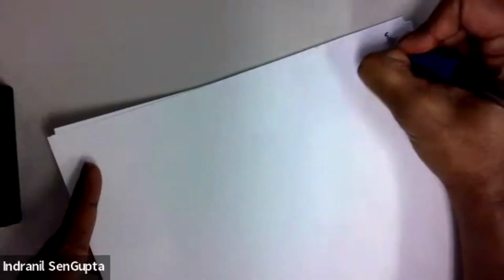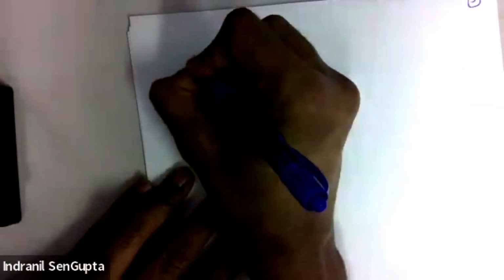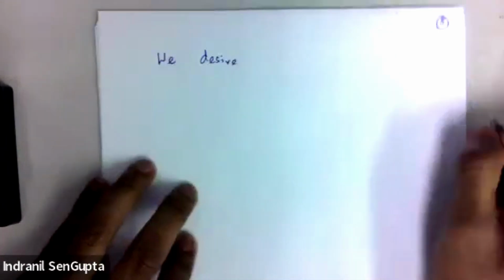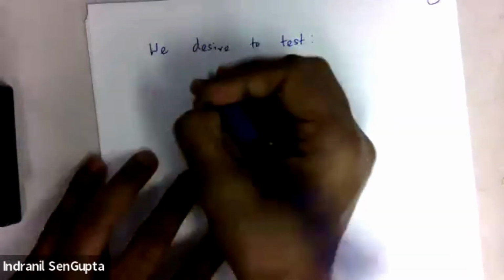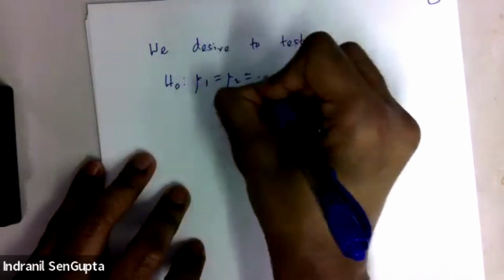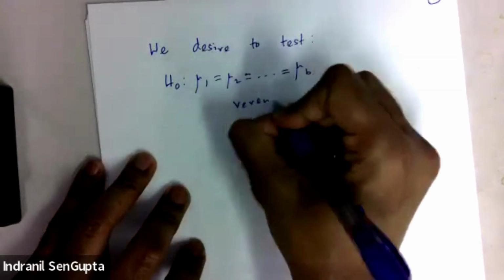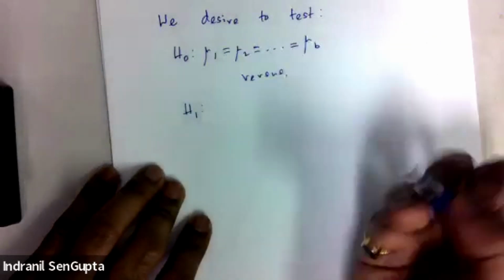So now, after all these notations, we desire to test what I wrote at the very first page: H0, that all the population means are the same, versus H1, that at least two of these are different.